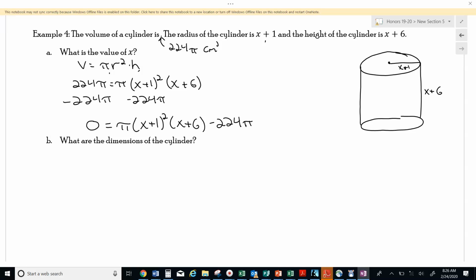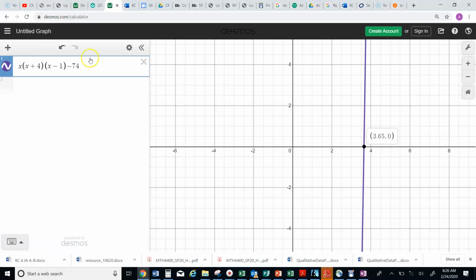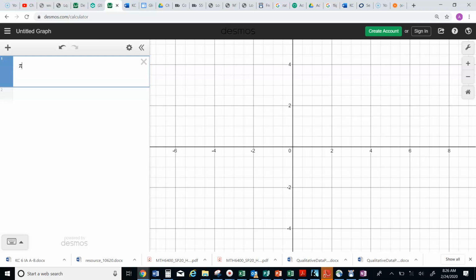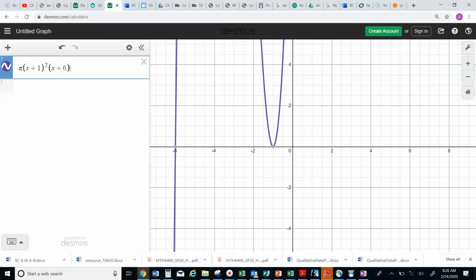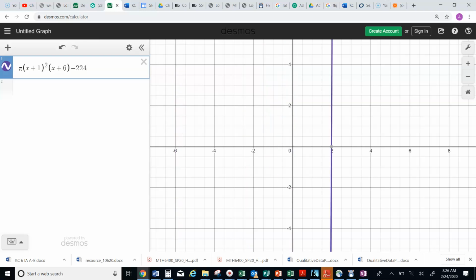Same thing, I'm going to type this into Desmos. If you just type P and then I, it immediately switches it to the pi sign in Desmos, so you don't have to go looking for it. You can just type in pi times our radius squared, and we get 3.785.